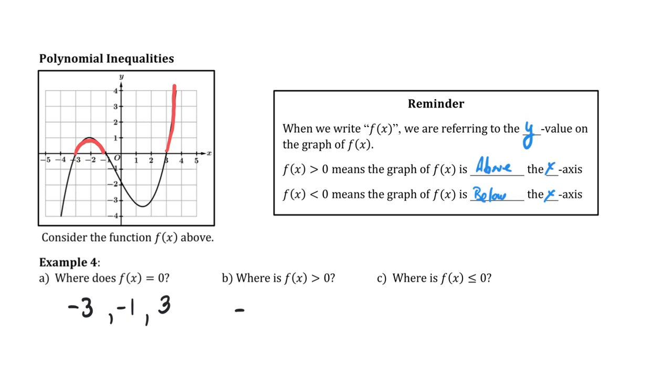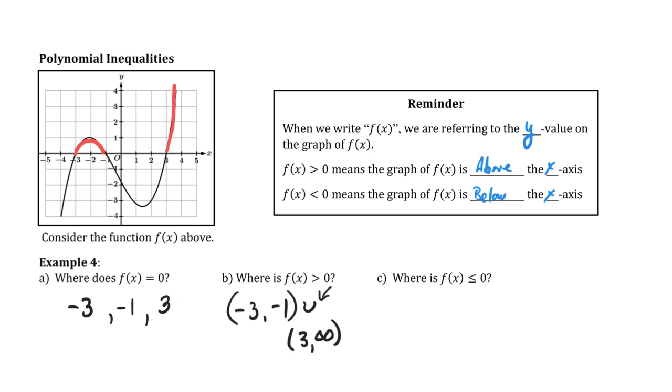So I know from -3 to -1, and I use parentheses because I don't want to include those, because at -3 I was at 0. I'm not positive. All right? And then I'm going to union that with 3 to positive infinity. Okay? Now, I don't know if you have to put that, but it's a good habit to get into.